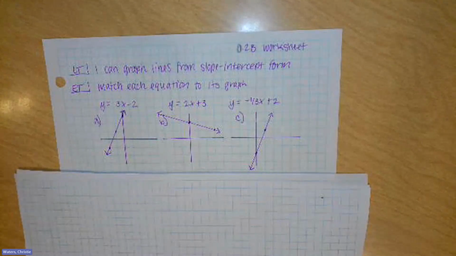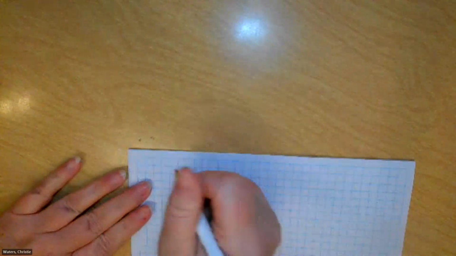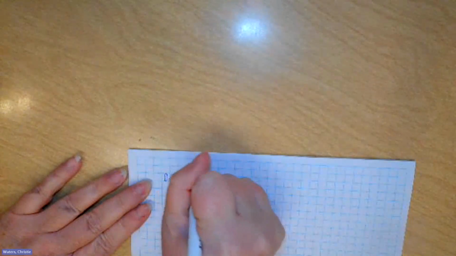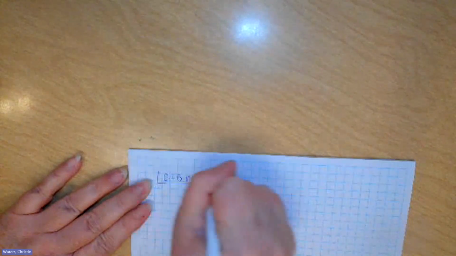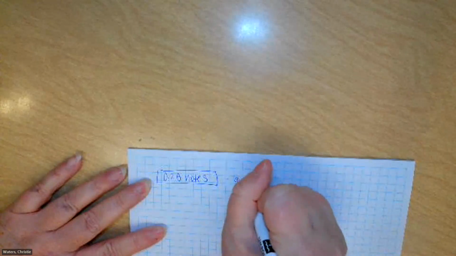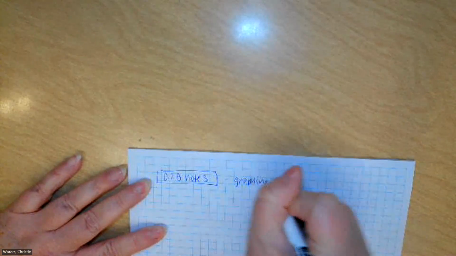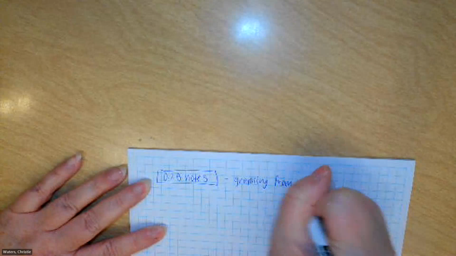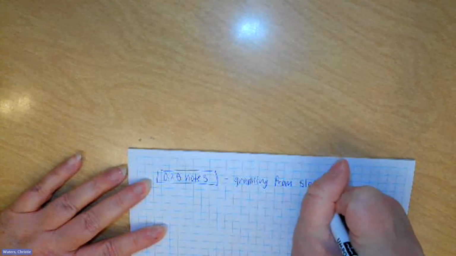Okay, so let's go ahead and get into today's notes. So these are the 0.2b notes. And we are graphing lines today from slope-intercept form.